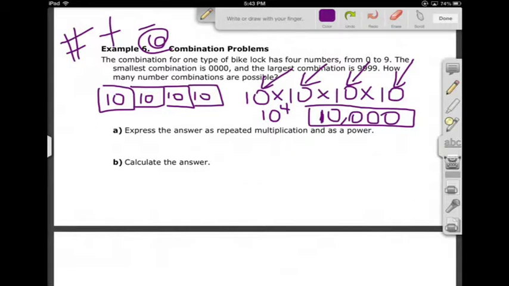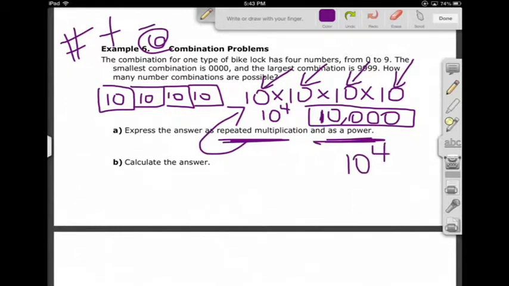That's like 1 less multiplication. This bike lock, 10,000 combinations, you would think that's pretty tough. It's not as hard as you think. So, as we've gone through this, we've done repeated multiplication, and as a power we already wrote that as 10 to the 4th. Comes out to be 10,000 possible combinations.